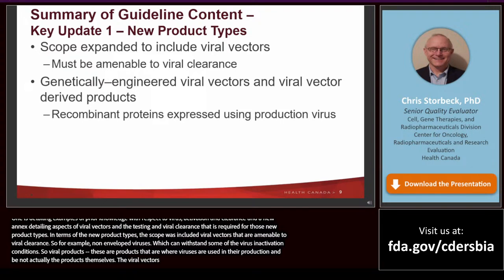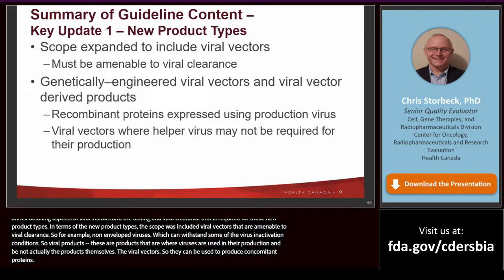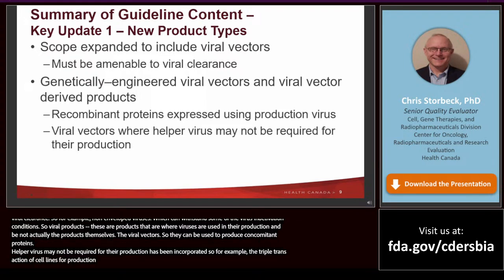So these can be used to produce recombinant proteins, such as in the baculoviral system. Additionally, viral vectors, where viral helper virus may not be required for their production, have been incorporated. So, for example, the triple transfection of cell lines for production of AAV is a good example.